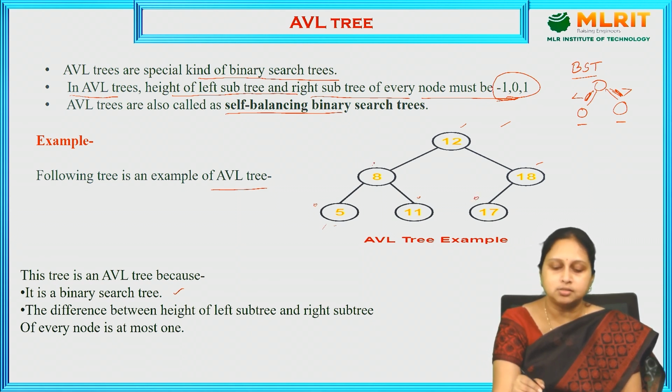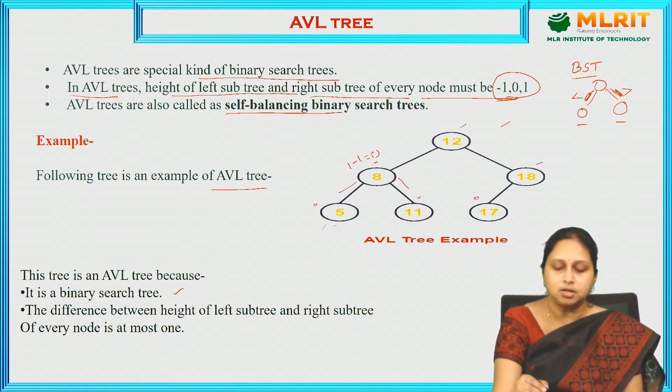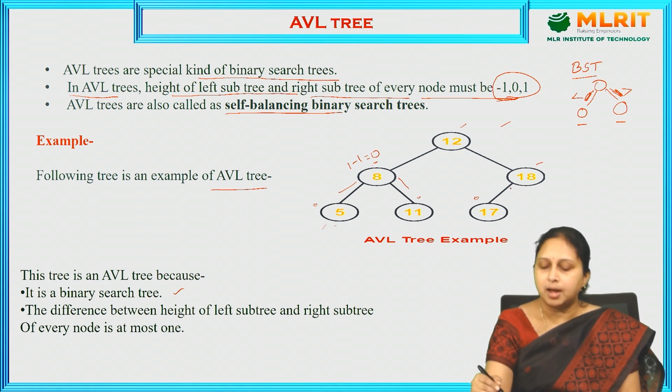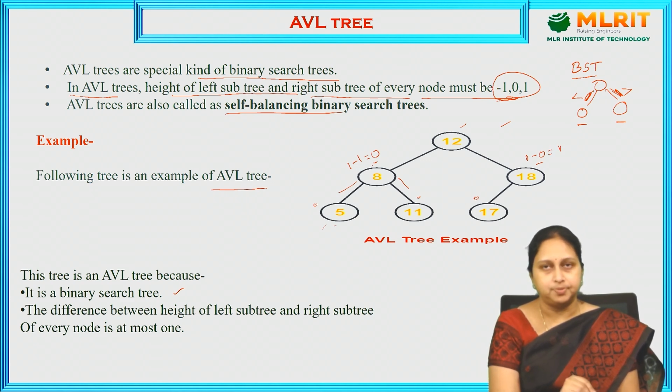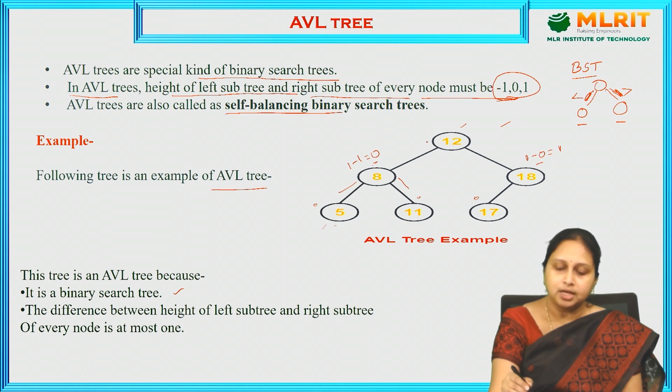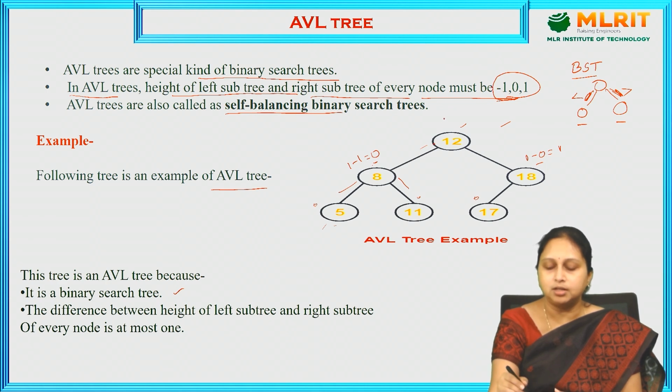Now, coming to this 8, this is the left subtree and this is the right subtree. This is 1 minus 1, which is nothing but 0. Now, for this one, I have only one node. The left subtree is 1 and the right subtree is 0, so the result for this particular node is 1. Coming to the root node, the height of this side is 2 and the height of this side is also 2, so 2 minus 2 is 0.